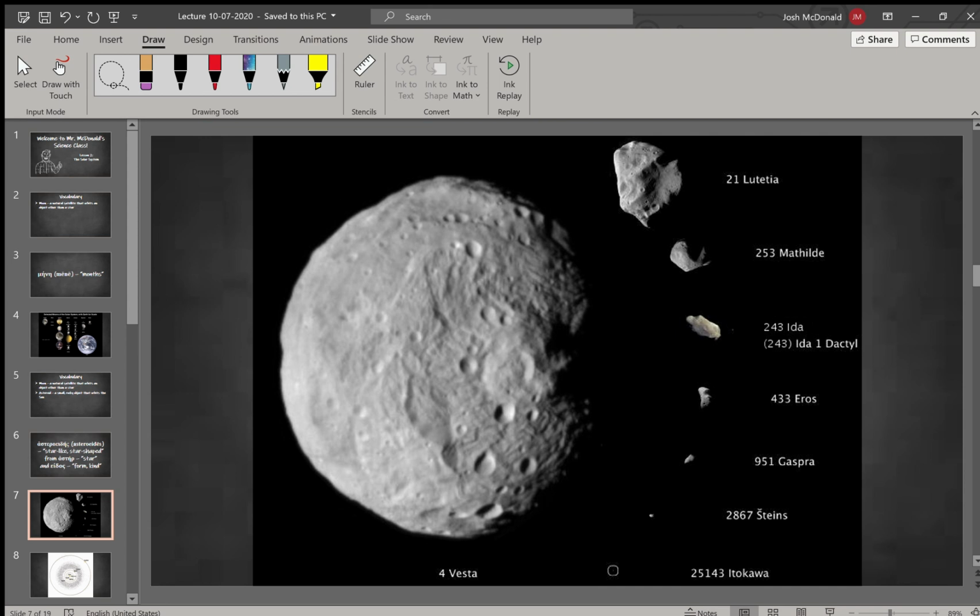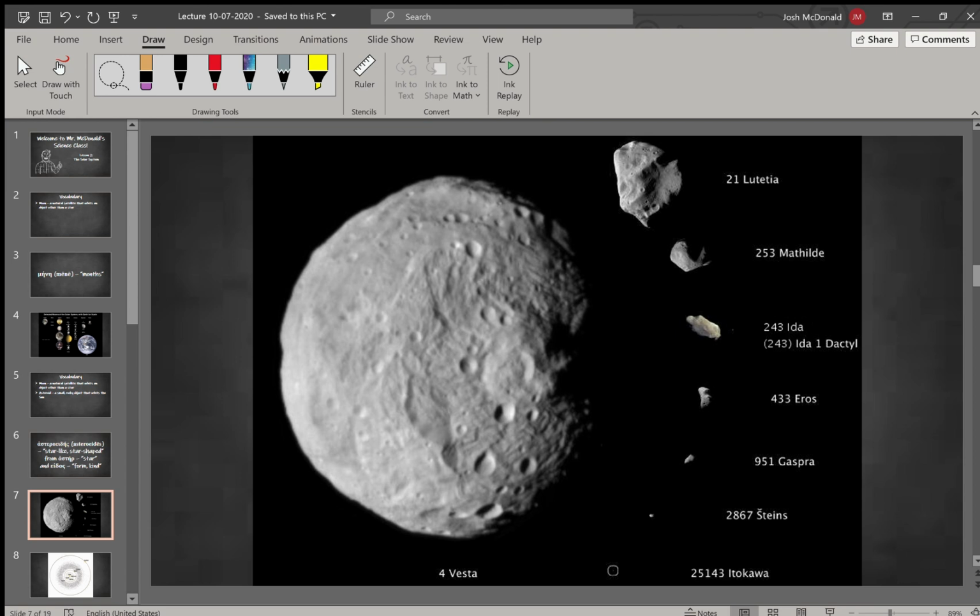So it has enough mass, has enough angular momentum to get that round shape. Ceres, which is now considered a dwarf planet, was actually thought to be originally a planet and then an asteroid, and then now since 2006 has been classified as a dwarf planet. So here are some of the major asteroids.